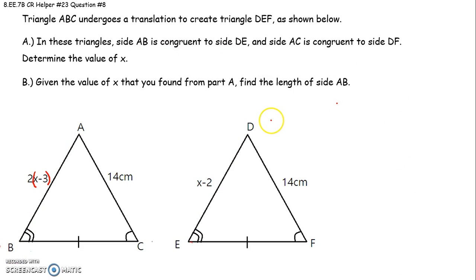All right, 8th graders, this is to help you with question 8 on CR 23. It says triangle ABC undergoes a translation, just slides over, to create triangle DEF as shown below. In these triangles, side AB is congruent to side DE. Congruent means they have the same measure.